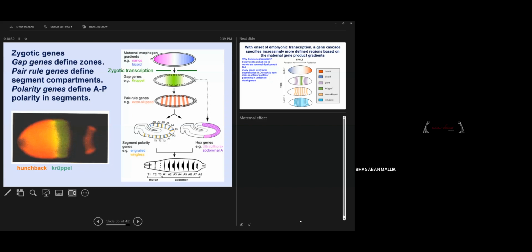So you have the initial transcription of the gap genes, that is Krüppel, and you have expression of pair-rule genes, that is even-skipped, and also the segment polarity genes like engrailed or wingless, and the homeotic Hox genes, that is Ultrabithorax and abdominal-A. So by the action of all these genes, you have the development of a Drosophila, which has a head, thorax, and abdomen. Okay.